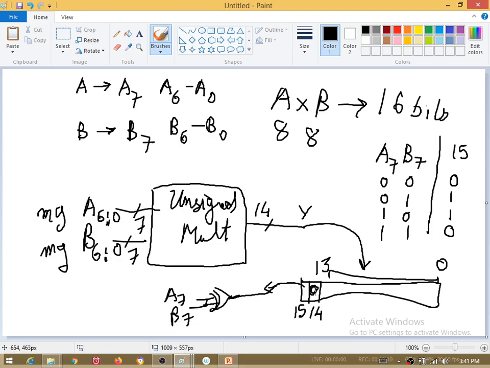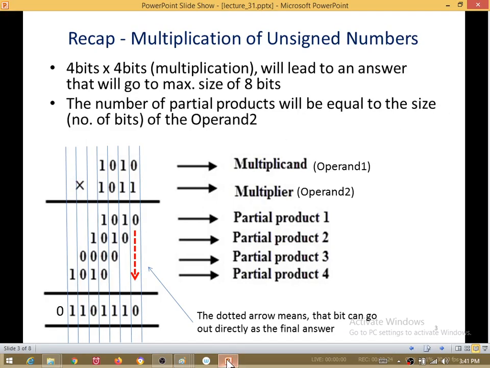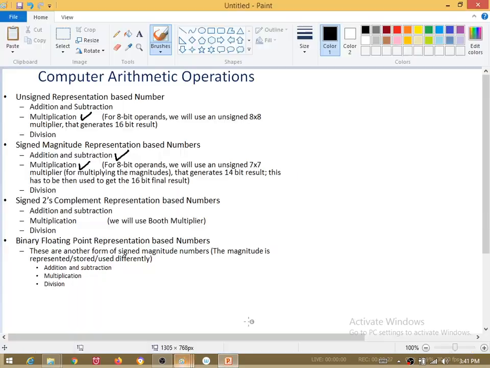Then the 14th bit will be 0, and bits 0 to 13 of your final answer, so the total 14 bits, will come from the 14 bits coming out of the unsigned multiplier. So this is how we are going to tackle the multiplication here. We are done with this portion, signed magnitude representation.